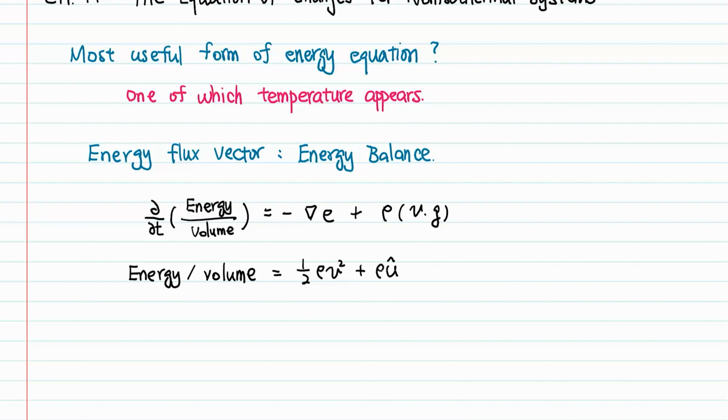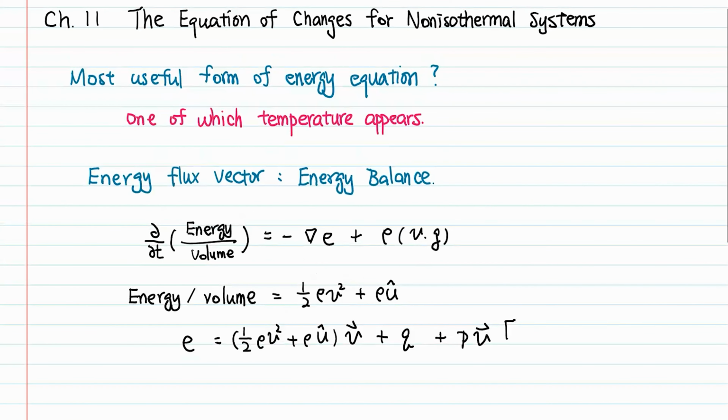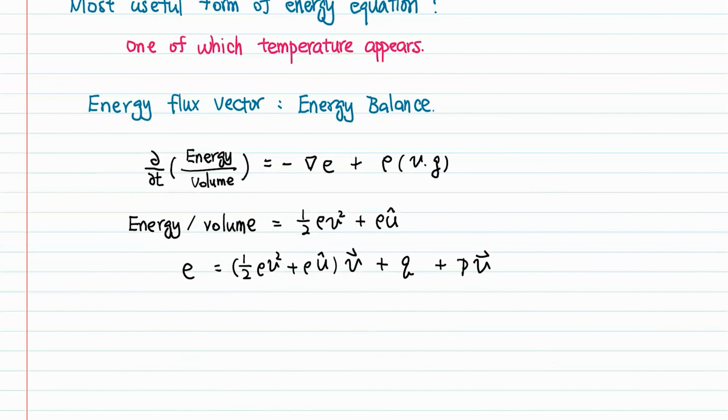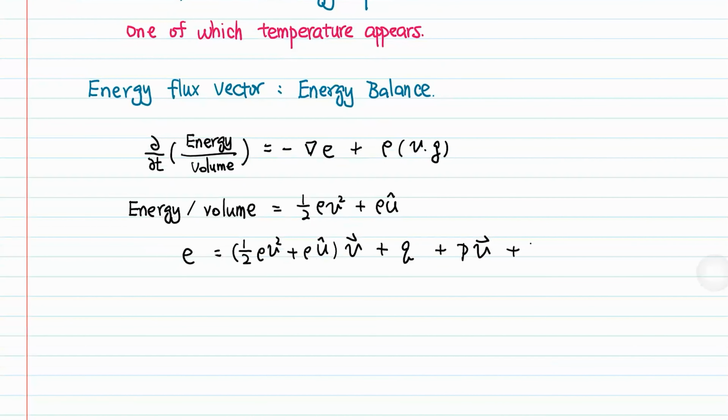And if we look at the combined energy flux vector, we also have the kinetic energy and internal energy transported by convection, times its velocity, plus the heat carried with it, plus the work associated. So this is the PV work, and also we have the work coming from the shear stress.